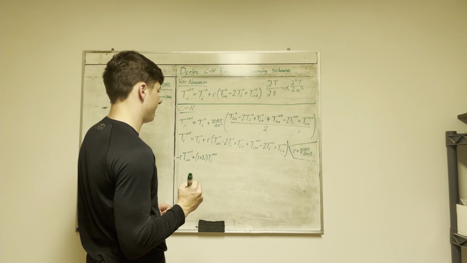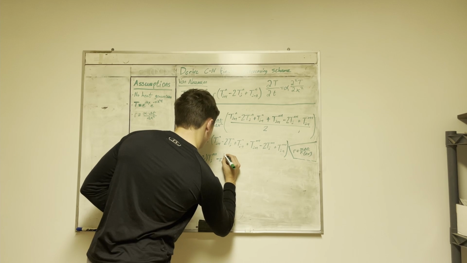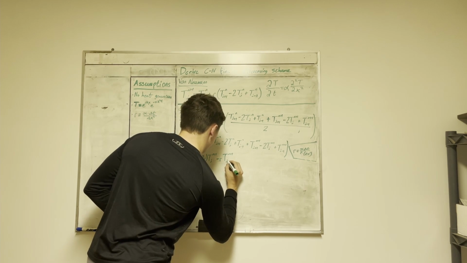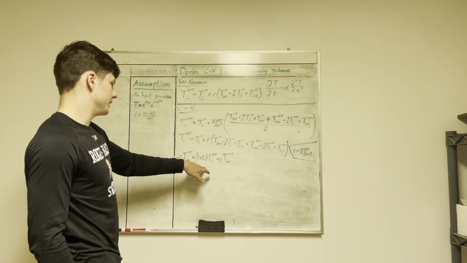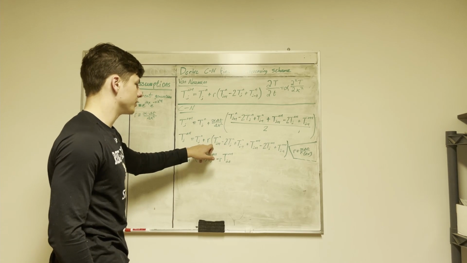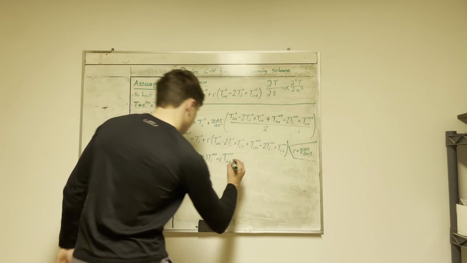And then minus R times the temperature at the later time, but now to the left. And then it's going to look exactly the same on the right-hand side for the temperatures. It's the time n, except it's going to be 1 minus 2R.